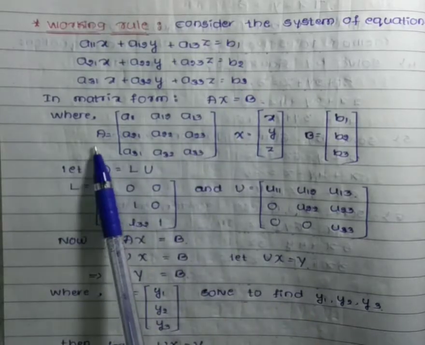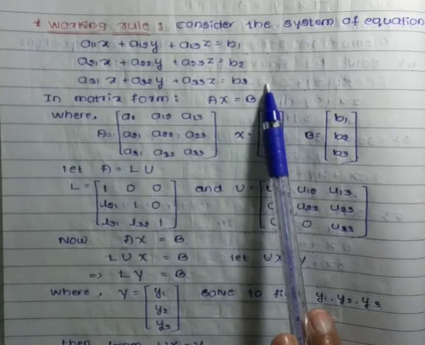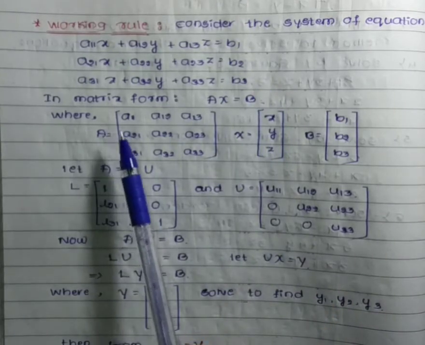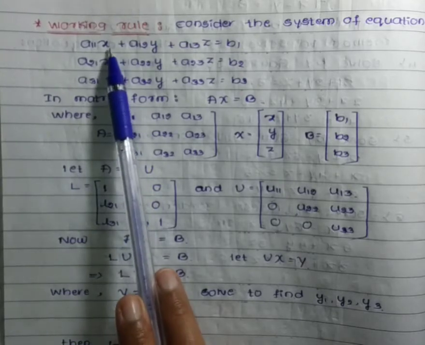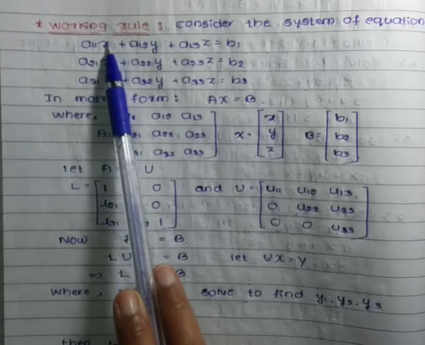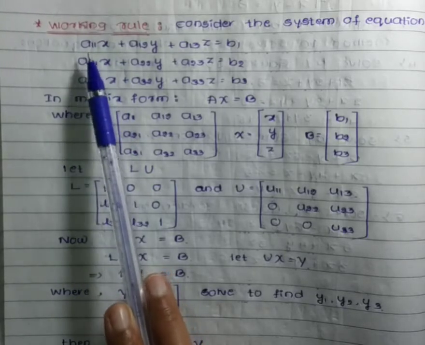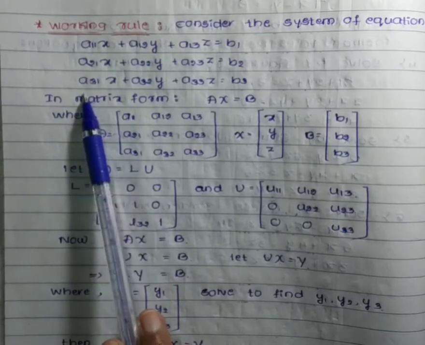So here, when we write the A matrix, if three equations are given, then the order of matrix A will be 3 cross 3. And here, always in the first column, we have to express the coefficients of x. So the coefficient of x in the first equation is a11, in the second equation a21, in the third equation a31.